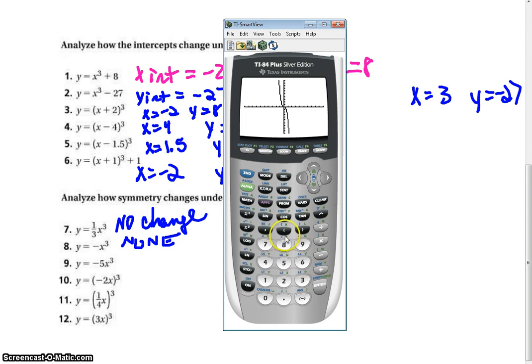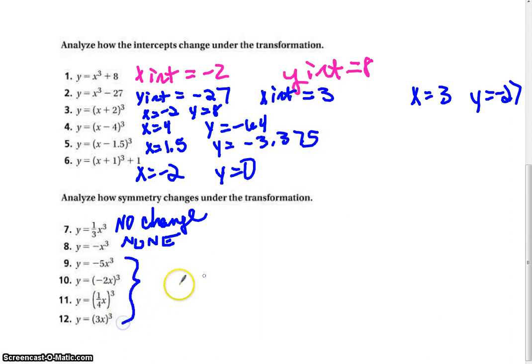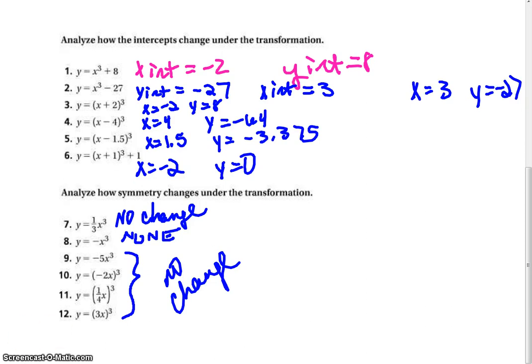Once again, no change. All of these are going to end up being no change, because each one of these, when you put it in and rotate it, stays the same. Okay, so this has you ready to get your assignment and get started on that.